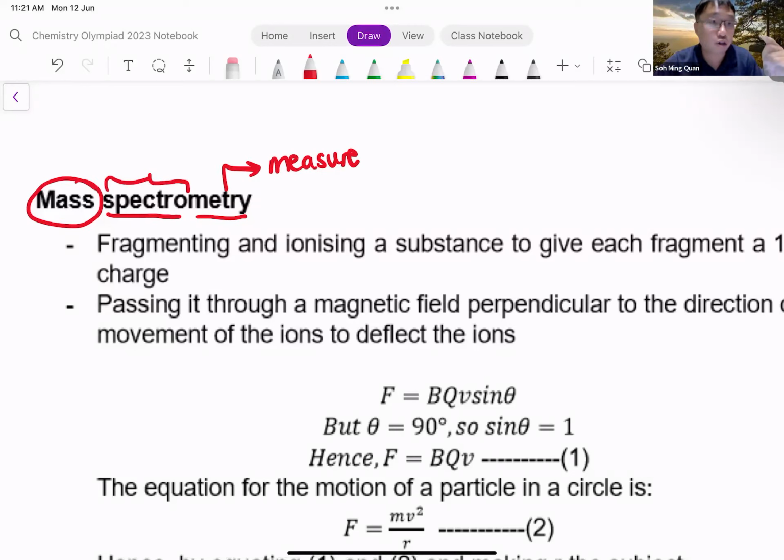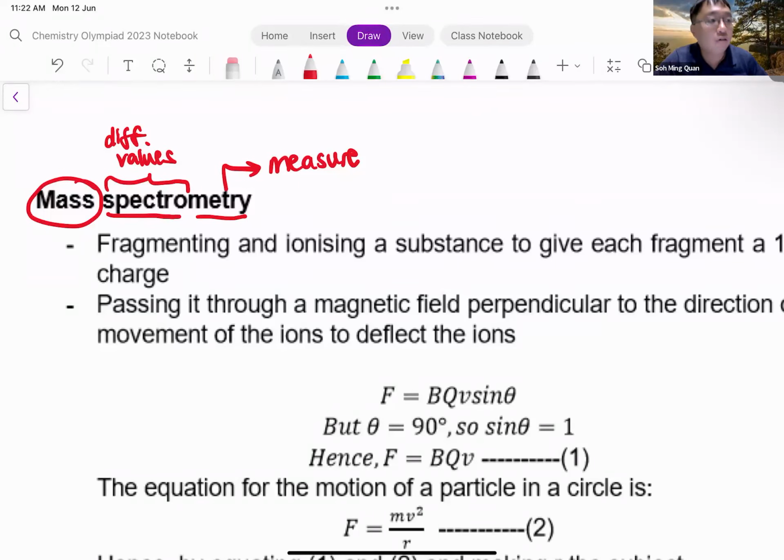So when we say spectrometry, we don't expect to see only one value. Spectral means different values. For example, we like to say there's a spectrum of personalities in society. There are different personalities. In this case, there are different masses.